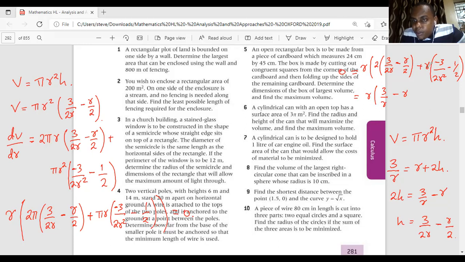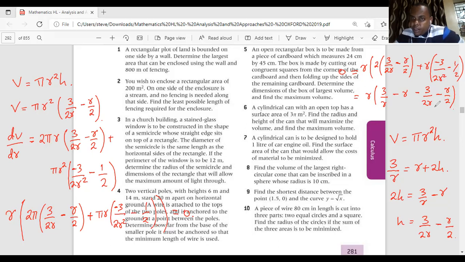And then if we distribute the r over to the other one, it becomes negative 3 over 2r. Negative 3 over 2r. And this is going to be minus r over 2, right? Right. Can you simplify whatever we have in brackets?